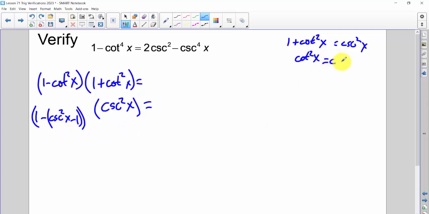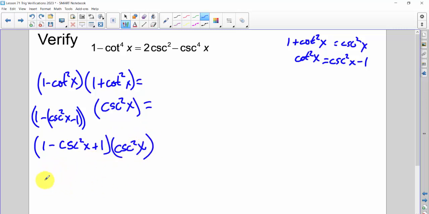For some reason this went away. I don't know why. So now I'll distribute that, and I have 1 minus cosecant squared x plus 1 times cosecant squared of x.